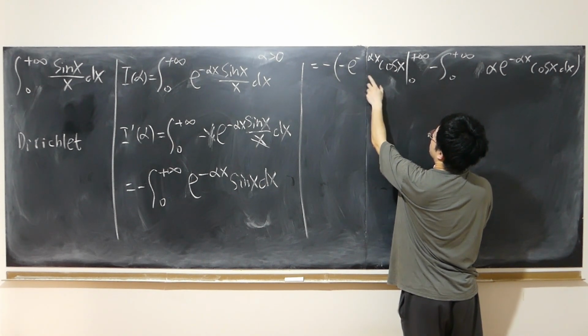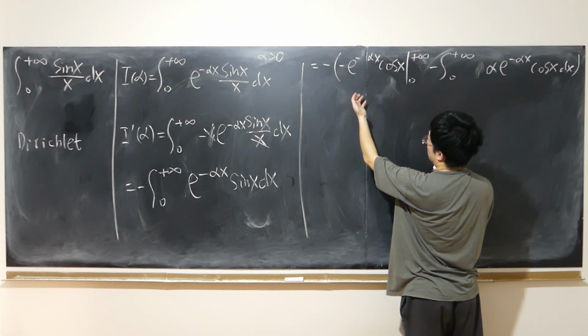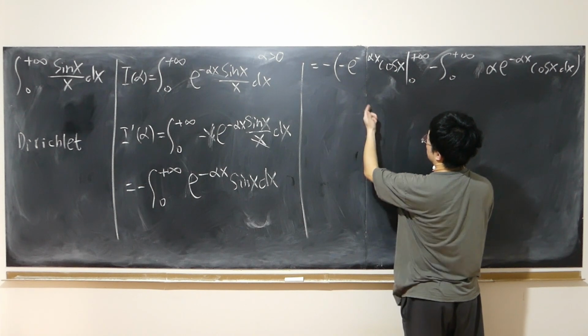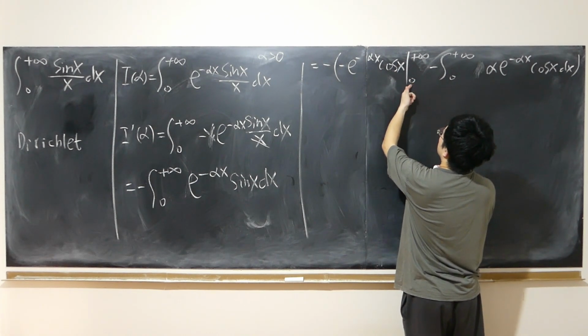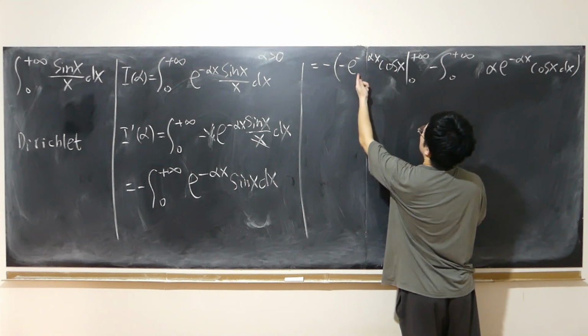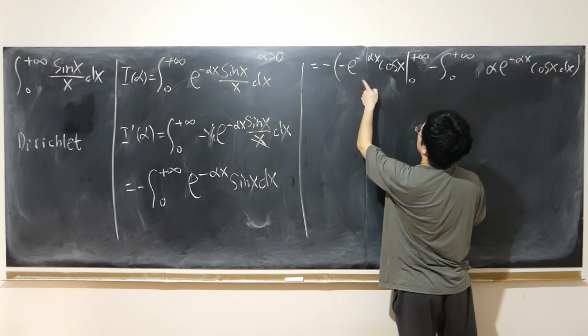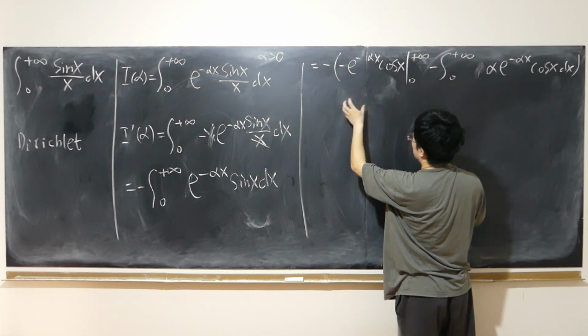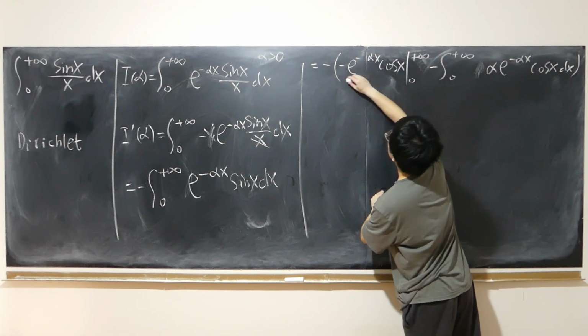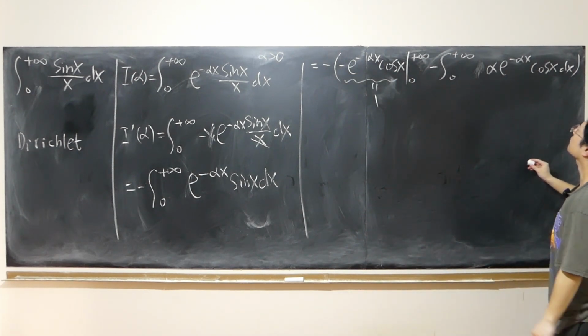As x becomes positive infinity, obviously 1 over positive infinity approaches 0. Then inserting 0 here, cosine 0 is 1, e to the 0 is 1, so negative 1. So 0 minus negative 1 becomes 1. So this whole thing becomes 1.